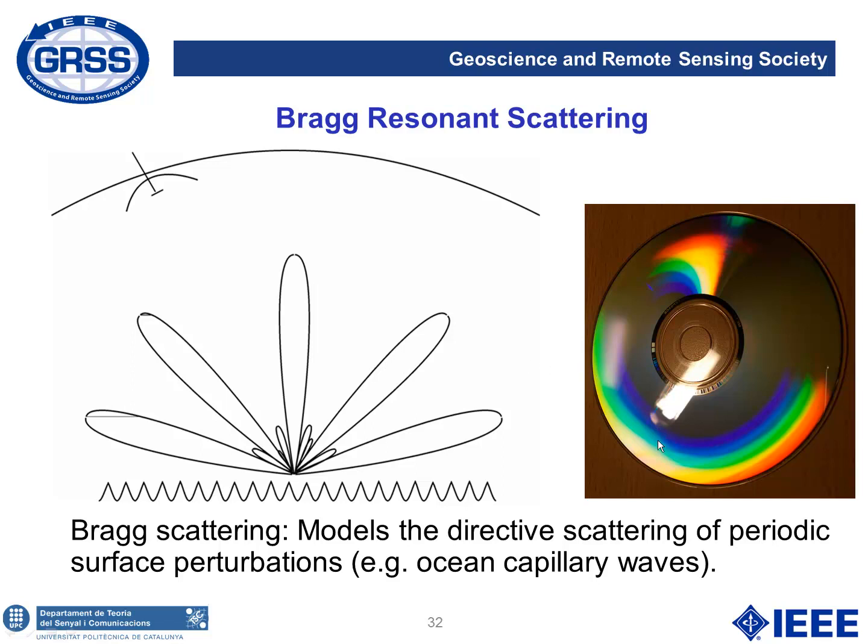A CD is also an optical case of this kind of surface, because the information is written in a kind of helicoidal track, and the radial distance of this track is very small, in the order of the optical wavelength. This is actually an optical example of this kind of situation. You see here this difference of colors, which is how the light is decomposed by the different resonances which take place at different frequencies.